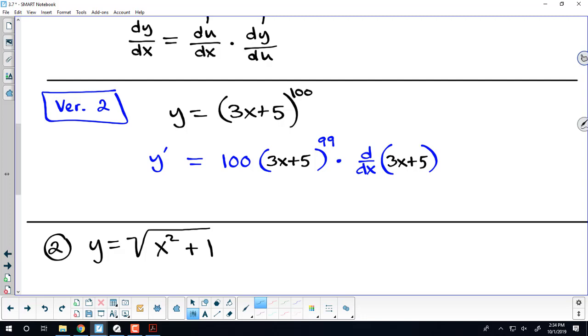Does that make sense? Again, it's crucial to be able to identify the outer and inner. And of course, the derivative of 3x plus 5 is 3 times the 100. We get the same result, with fewer steps, but maybe losing a little bit of information about how the process works.